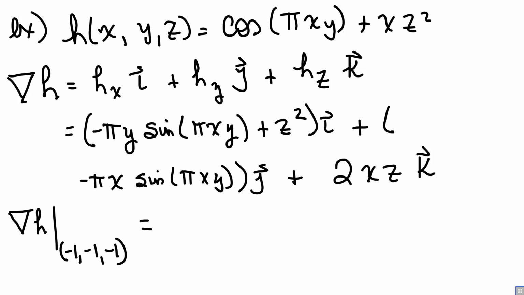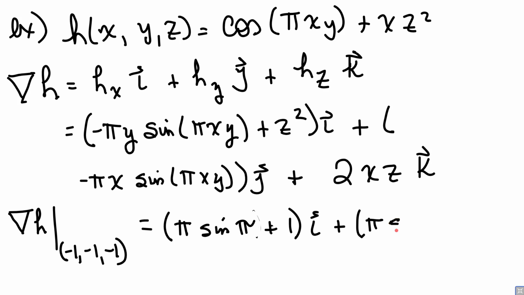So if we evaluate at the given point, we end up with pi times the sine of pi plus 1 in the i direction, plus pi times the sine of pi in the j direction, plus 2 in the k direction.